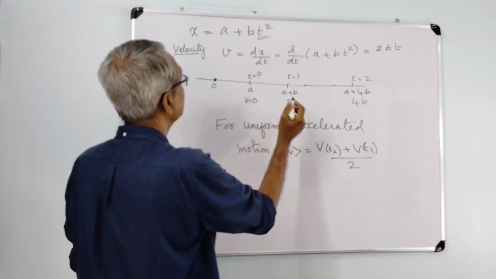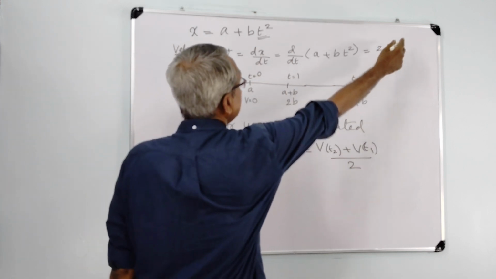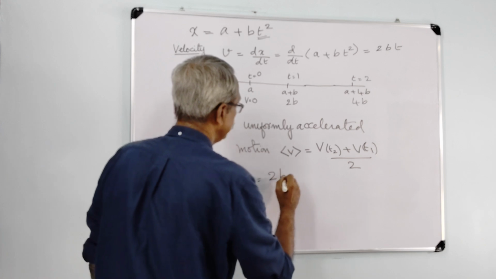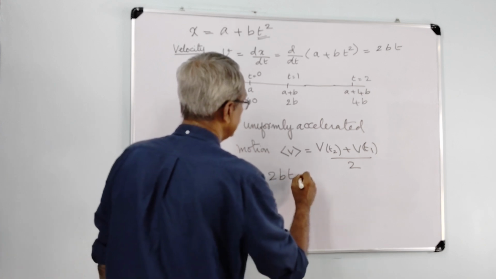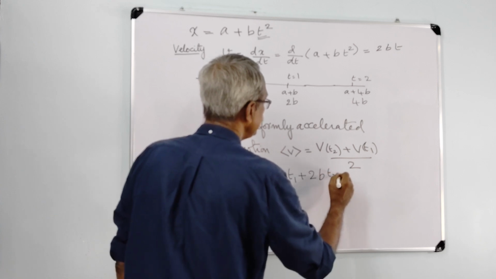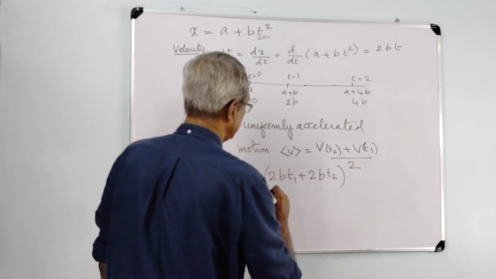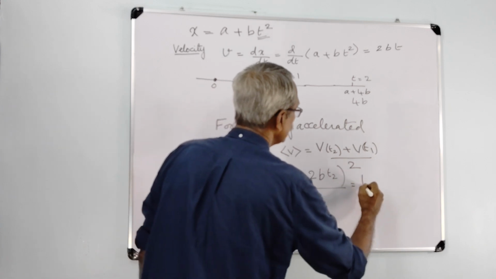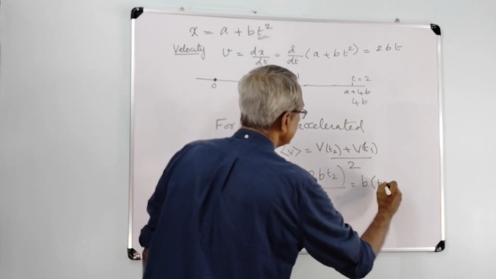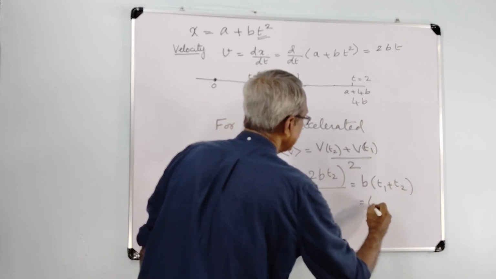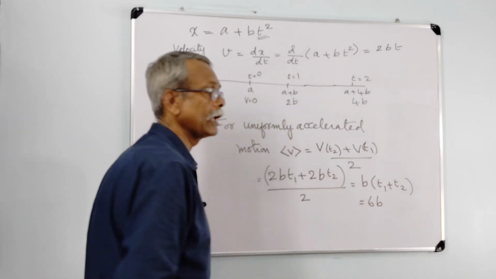And here we can see that this is 2b t1 plus 2b t2 divided by 2, that is equal to b multiplied by t1 plus t2, that is equal to 6b, as we have obtained earlier.